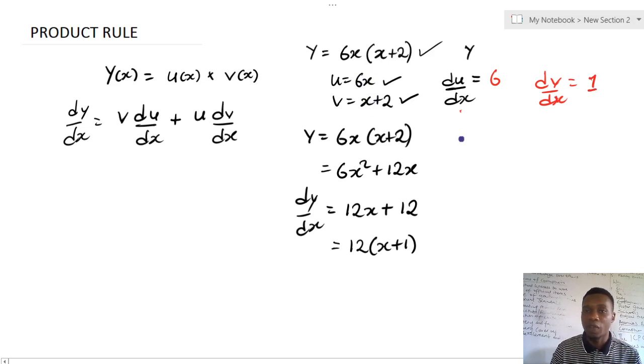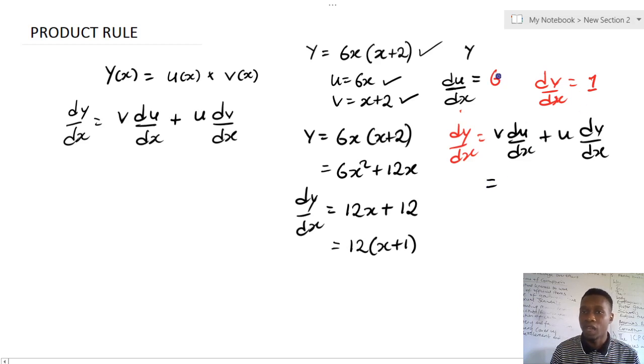So remember our formula. dy/dx for the product rule is v du/dx plus u dv/dx. Substituting our values, v is x plus 2, multiplying du/dx which is 6.